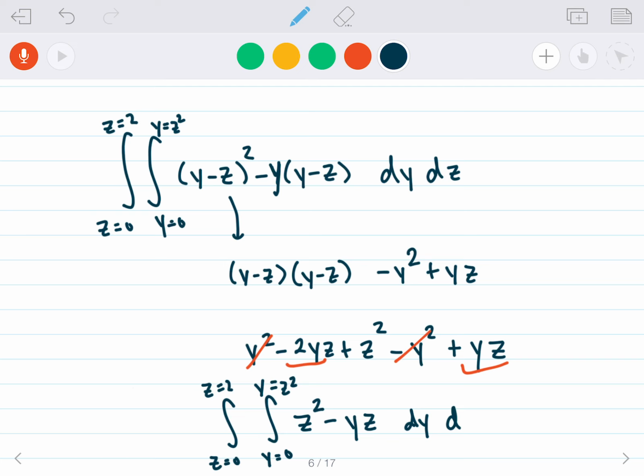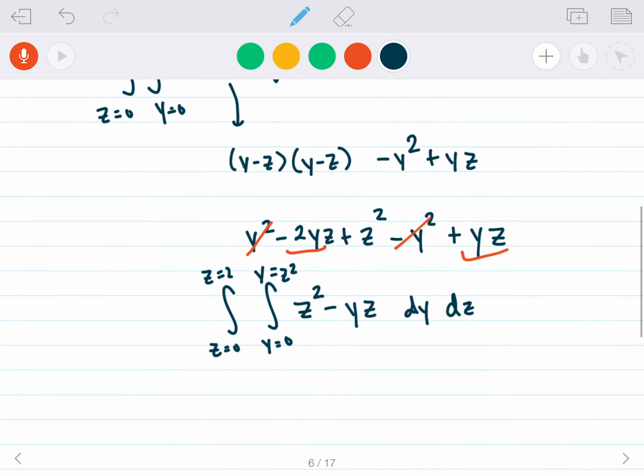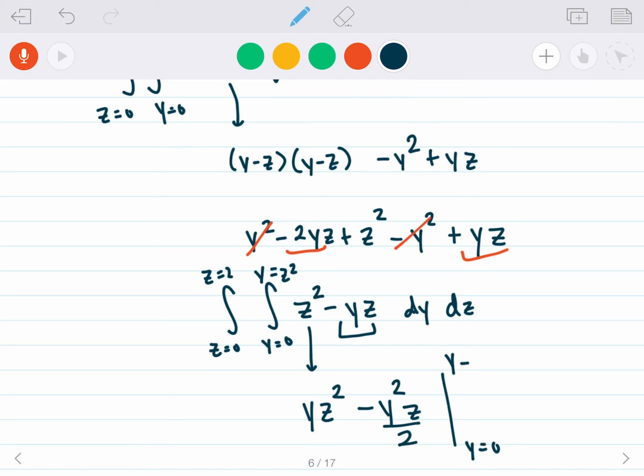Alright, so let's integrate this with respect to y, meaning that everything that doesn't involve a y is understood to be constant, such as this z squared. So when I integrate that with respect to y, it's just yz squared. And then this one with respect to y is minus y squared z over 2. And I'm going from y equals 0 to y equals z squared.